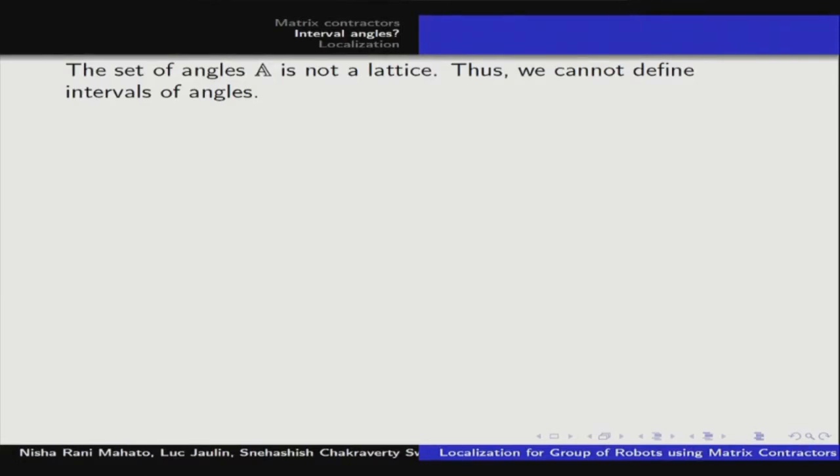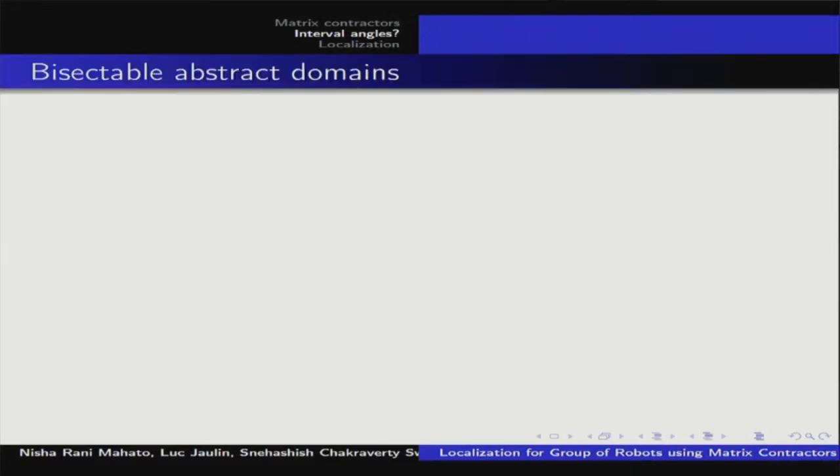Let me recall, an angle is not a lattice because it's impossible for me to say that an angle is smaller than another one. A lattice means that I need an order relation to say that one element is smaller than another one, and it's not possible for the angle. I will explain this later.